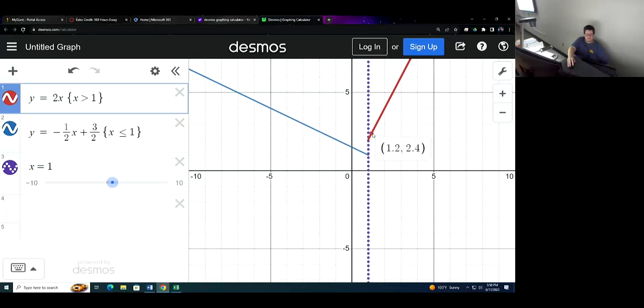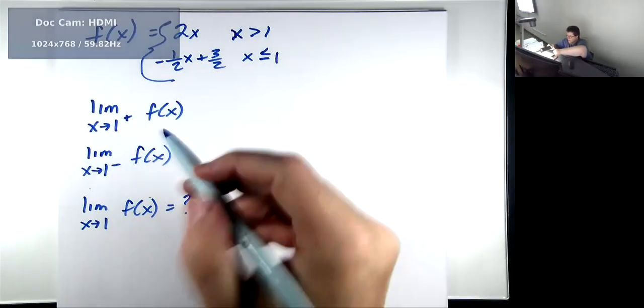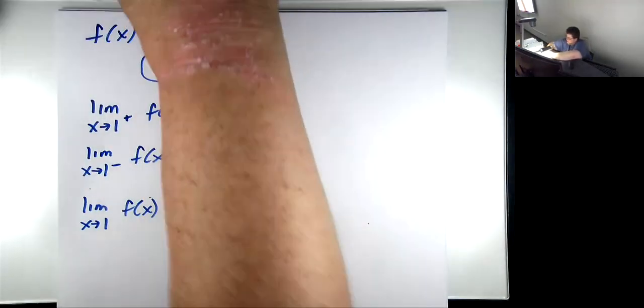And as I get close, it looks like it's getting pretty close to 2. It's getting closer and closer to 2. So I'm going to write that for my function. This is approaching 2.